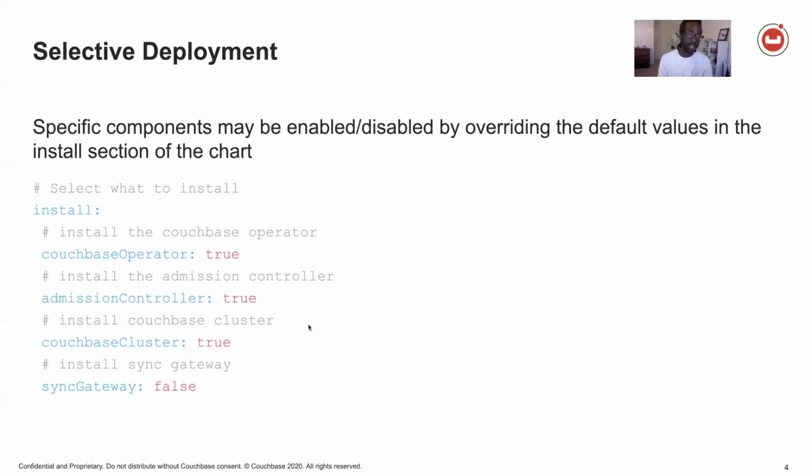If you're installing the chart twice in the same namespace, you probably want to set operator and admission controller to false. If you are installing twice but in the same Kubernetes cluster, then you definitely want to set admission controller to false, because the admission controller is already a cluster-wide resource. So there's really not a need to install multiple instances of the admission controller within the same Kubernetes cluster.